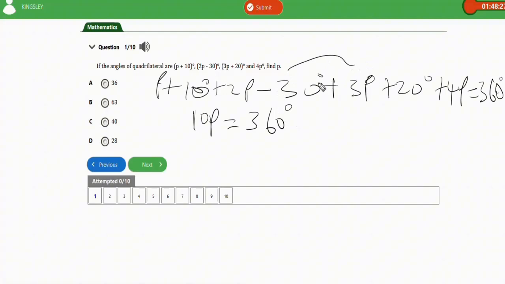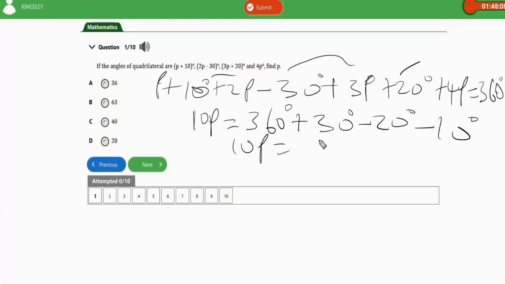The 20 and the 30 degrees will cross over, changing to minus 20 degrees and minus 10 degrees. So we are left with 10P equals 360 plus 30, we have 390 degrees. 390 minus 20, we have 370. 370 minus 10, we have 360.